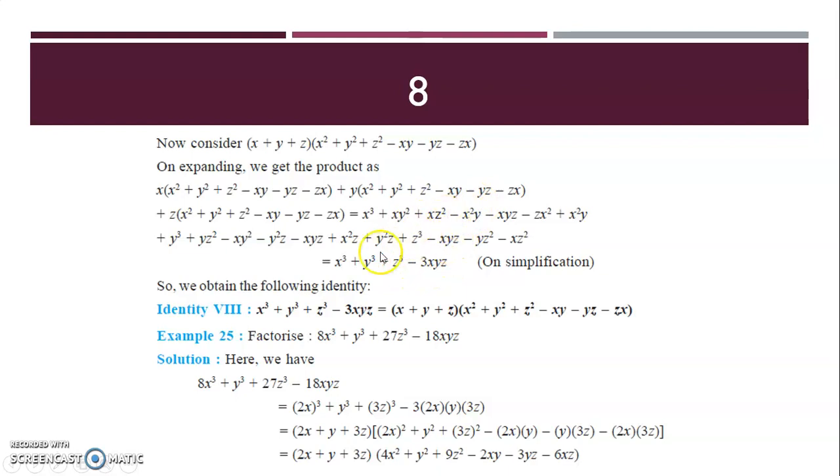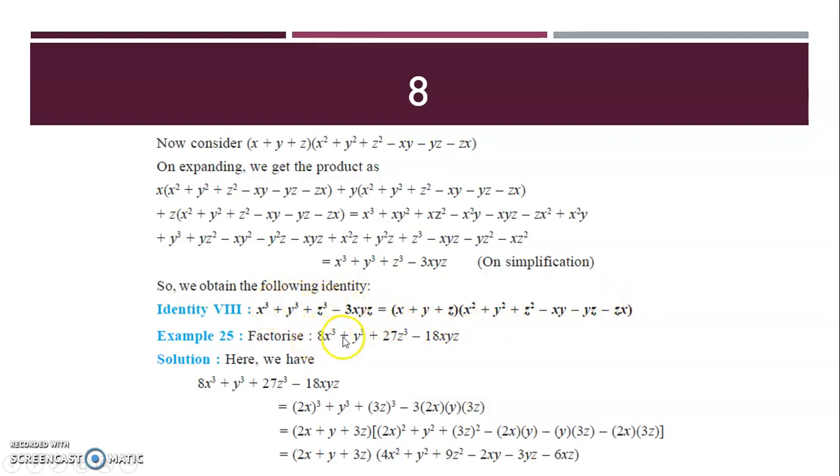All the others will cancel out with each other. So we obtain the last identity, which is x cube plus y cube plus z cube minus 3xyz is x plus y plus z times x square plus y square plus z square minus xy minus yz minus zx. So you'll have to learn this by heart. This is the last identity.